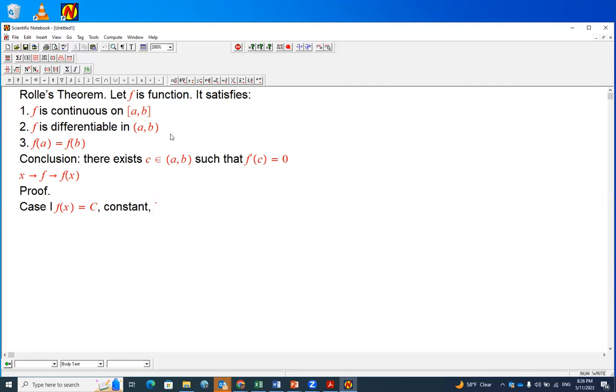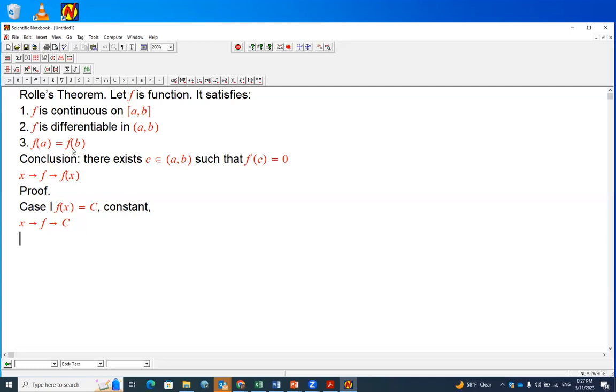What it means is that for any input, the output is C. So the function will be like this. For any number, the output is the same capital C for all the input. And then this function is, of course, a constant, so it is continuous and differentiable.